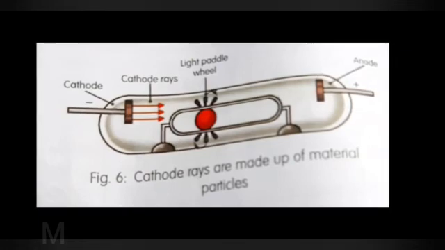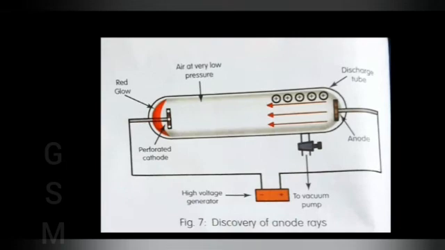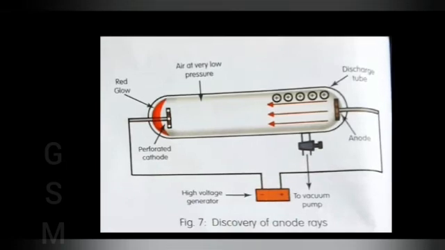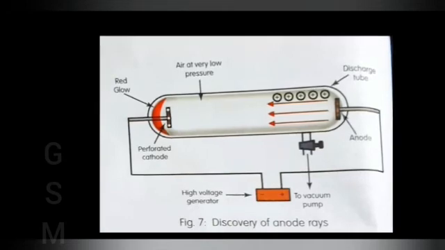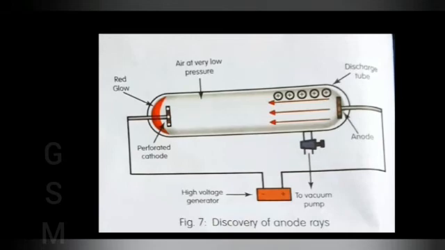German physicist Goldstein experimentally proved the existence of positive charge in atoms. For this, he used a discharge tube with a perforated cathode, with air at low pressure, and applied high voltage. A faint red glow was observed behind the perforated cathode.